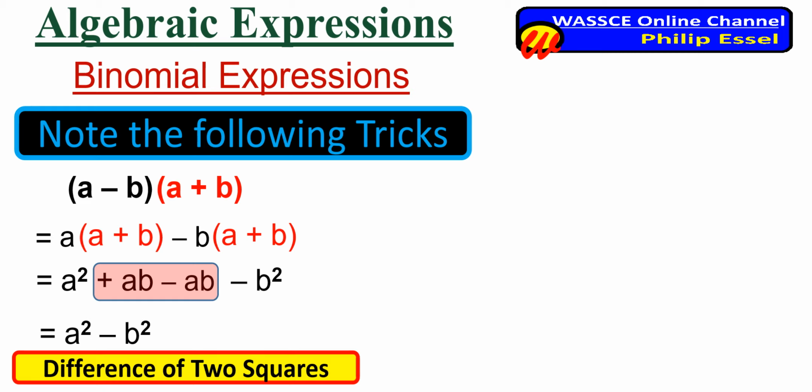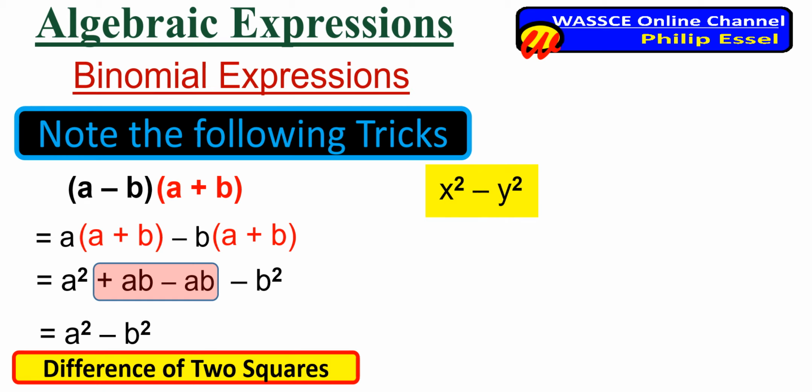I need to make you understand that it's very important for you to be able to identify difference of two squares problems whenever algebraic expressions are given to you. Knowing how to identify them in algebraic expressions makes it easier for you to solve problems that contain them.